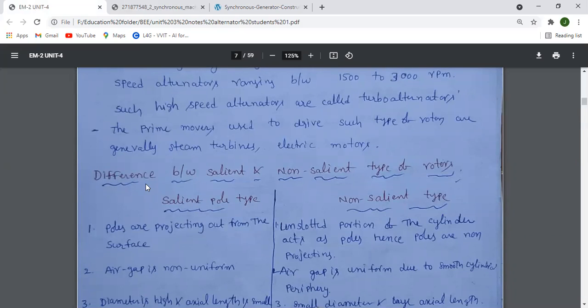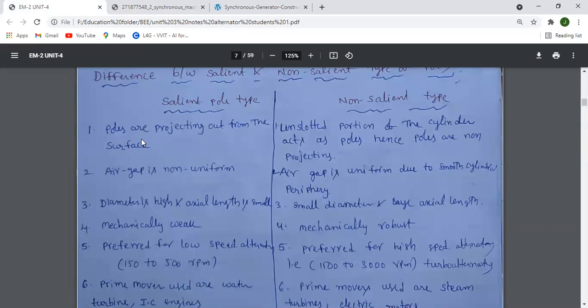Here are some differences between salient and non-salient type rotors. Poles are projecting out from the surface in the salient type. In the non-salient type, the unslotted portion of the cylinder acts as the poles, as the poles are non-projecting. The air gap is non-uniform in the salient type, and in the non-salient type the air gap is uniform due to the smooth cylindrical periphery.